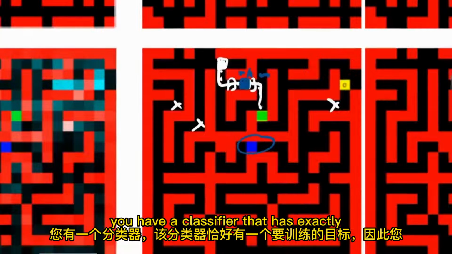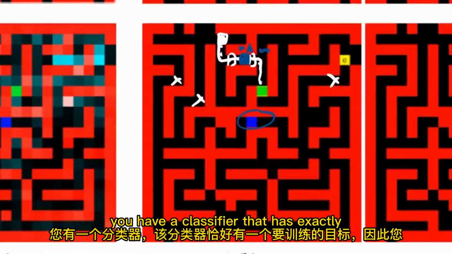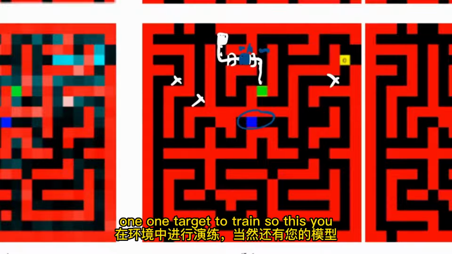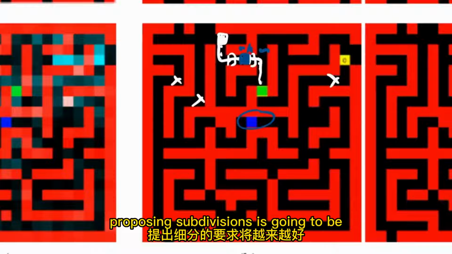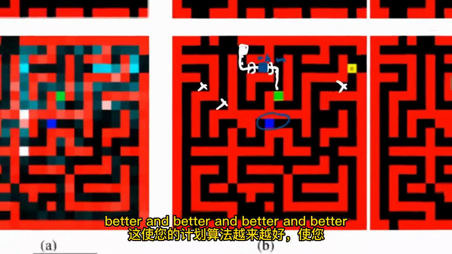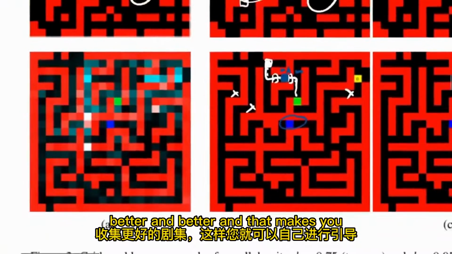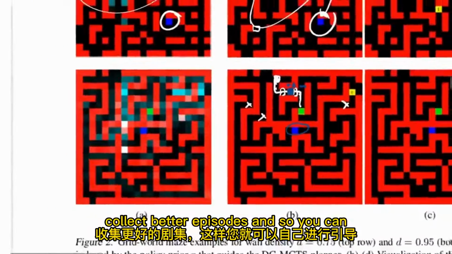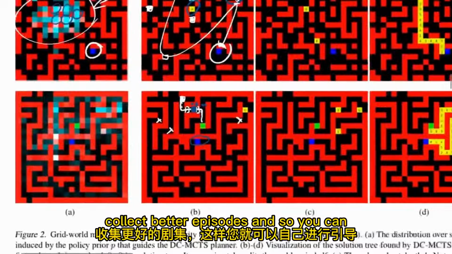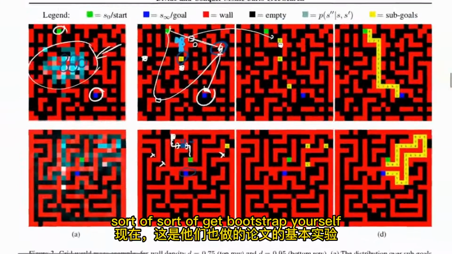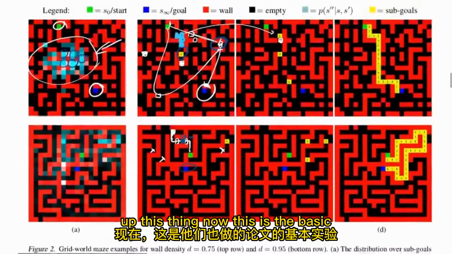So you have a classifier that has exactly one target to train. So this you train along with acting in the environment, and of course your model for proposing subdivisions is going to be better and better, and that makes your planning algorithm better and better, and that makes you collect better episodes, and so you can sort of bootstrap yourself up this thing.